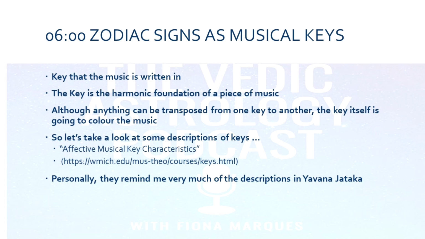The key is the harmonic foundation of a piece of music. And although theoretically anything can be transposed from one key to another key, each unique musical key gives a colour of its own to the music.